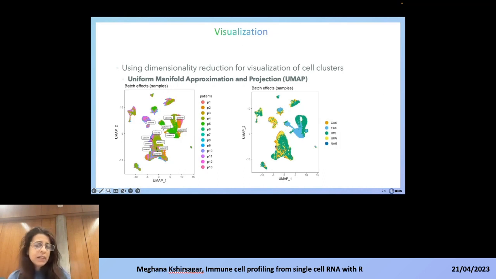So it means that the batch effects are there, and we need to take care of this before we try to assign labels to the clusters. So now we'll see how we remove these batch effects.